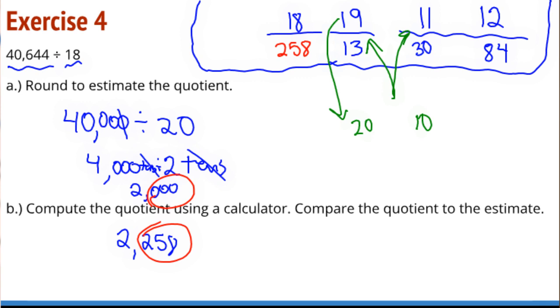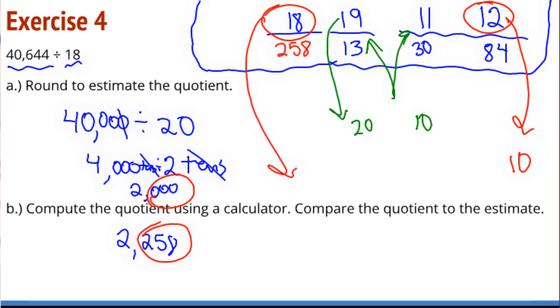With the 12 and the 18, it moved two numbers. The 12 rounded down by a count of 2 to be 10, and 18 rounded by a count of 2 to be 20. And you'll notice that our estimates were further away. The farther we had to round, the farther our estimate was from the calculated answer.